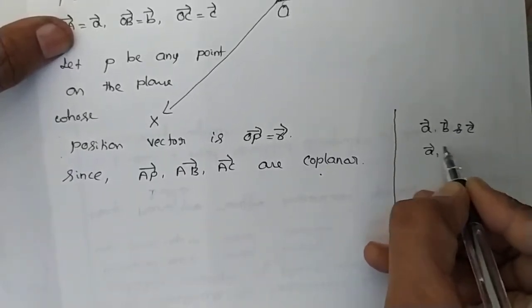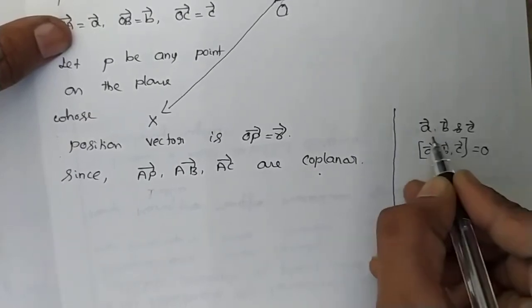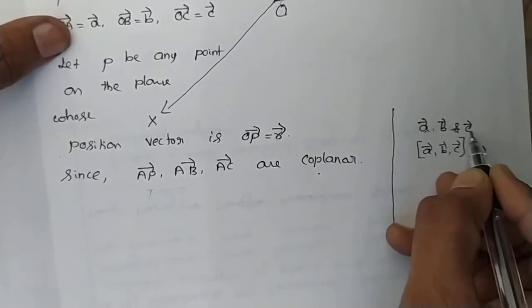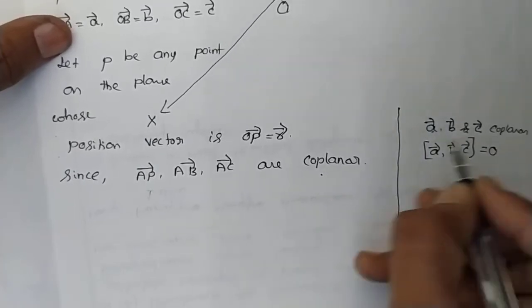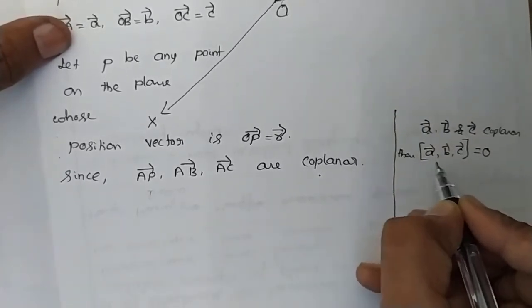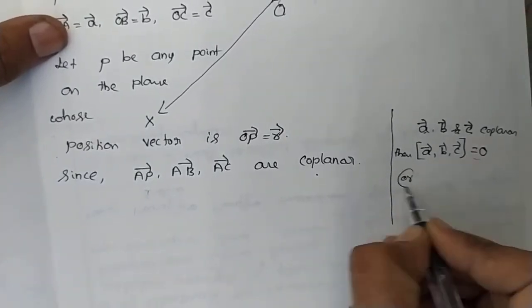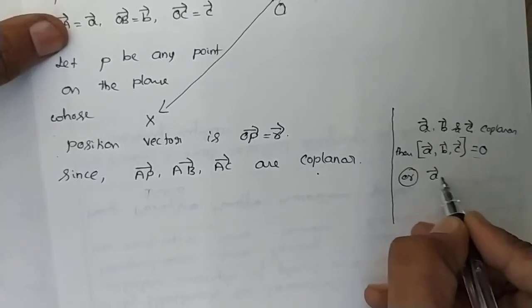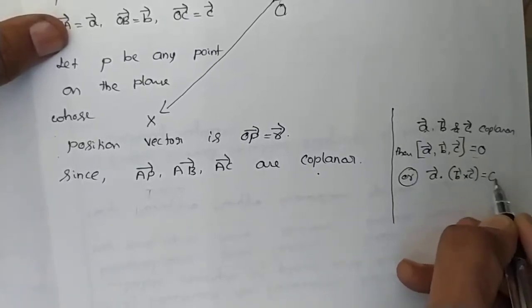[A, B, C] equals 0. If A, B and C are said to be coplanar, then the scalar triple product of A, B and C is 0, or this also can be written as A dot B cross C equals 0.